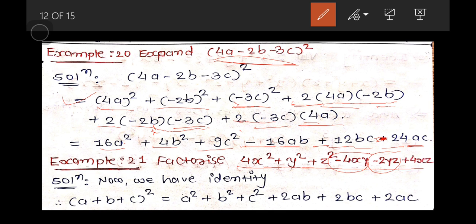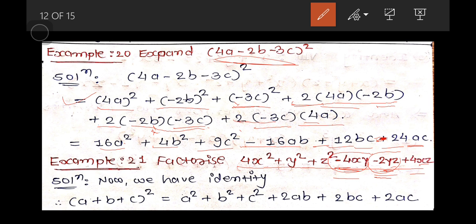Here you can see that in the fourth term and the fifth term, y is similar, so we give a minus sign to the variable y, because in both the fourth and fifth terms y is common. If minus sign is given to the fifth and sixth terms, then you can see that z is the common term, so we give a minus sign to z.